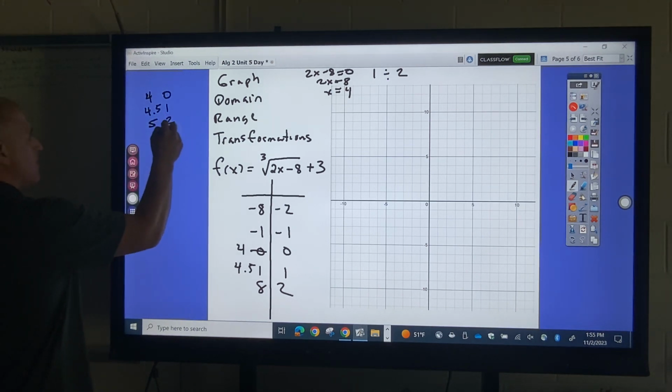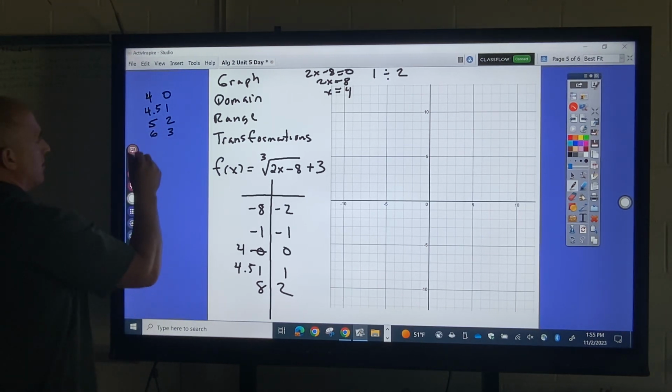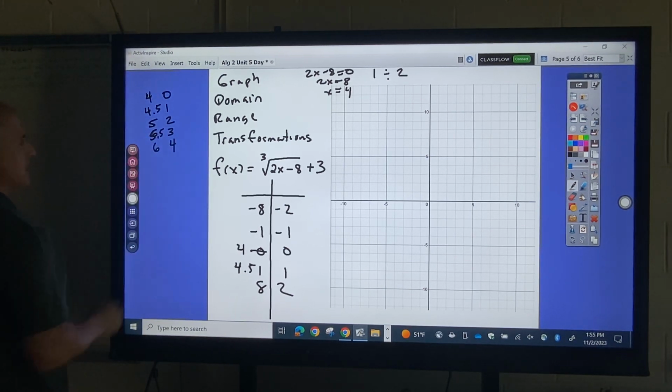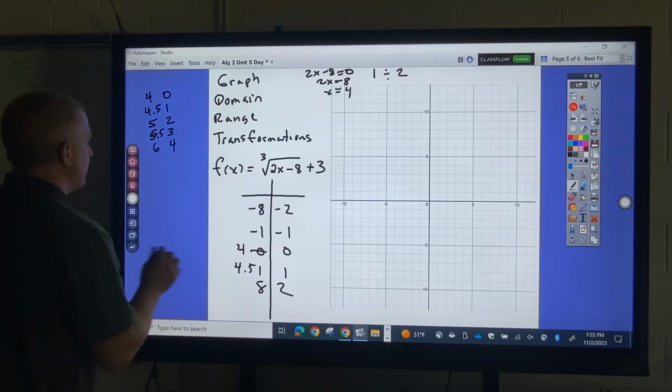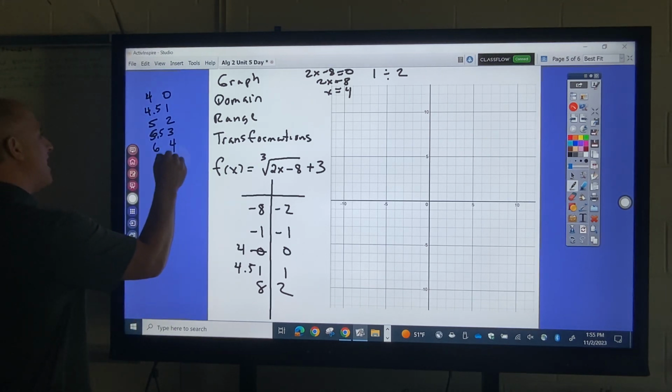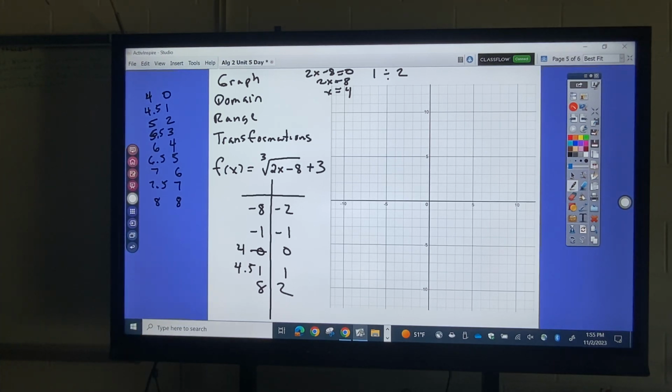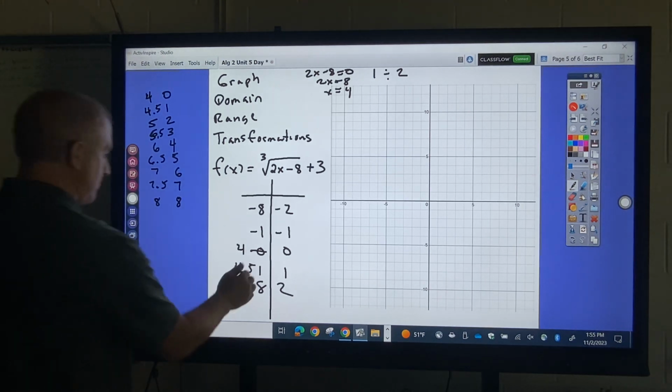Okay, 3 would be 6. No, it would be 5.5, sorry. 4 would be 6. Okay, yes, that's correct. 5 would be 6.5. 6 would be 7. 7 would be 7.5. 8 would actually be 8. Okay, it's interesting.